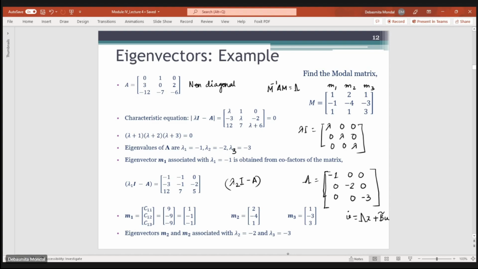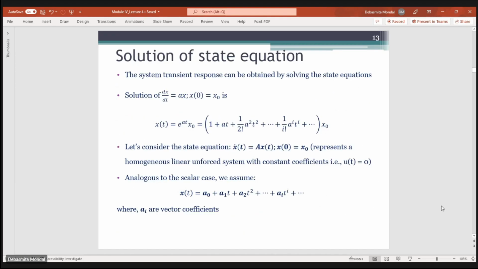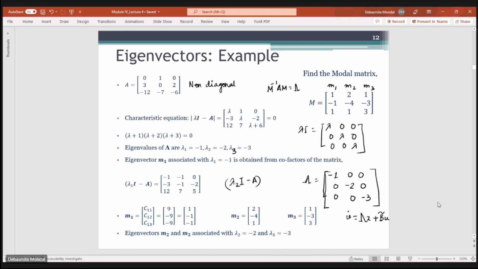If there is some error, this equation will not be satisfied. If you have done your calculations correctly, then the product M inverse A M will give you the matrix delta, the diagonal elements being the eigenvalues of the matrix A. Okay, so is it clear till now?